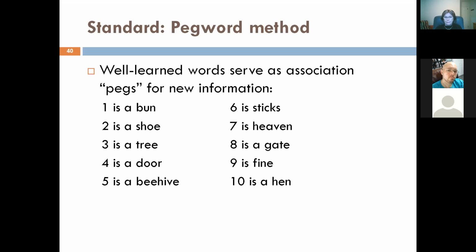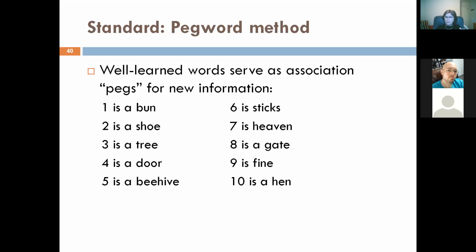We obviously know the numbers, 1, 2, 3, 4, 5, 6, 7, 8, 9, 10. That's easy. Now, if we connect each of the numbers with another word which rhymes, it shouldn't be too difficult. So we say 1 is a bun, 2 is a shoe, 3 is a tree, 4 is a door, 5 is a beehive, 6 is sticks, 7 is heaven, 8 is a gate, 9 is a vine, 10 is a hen.